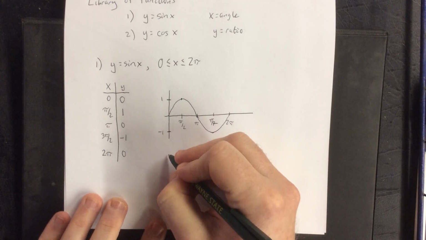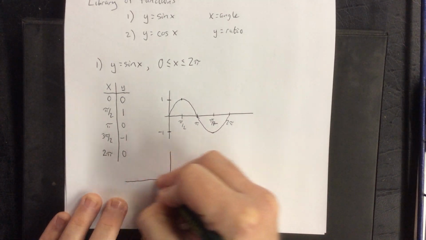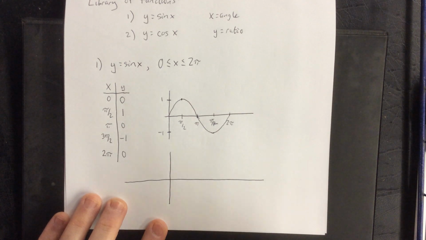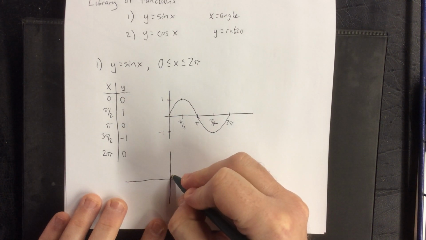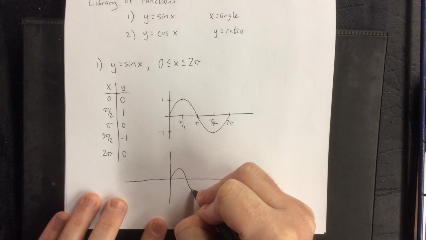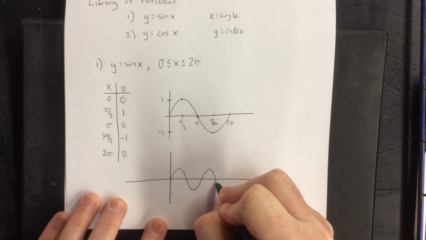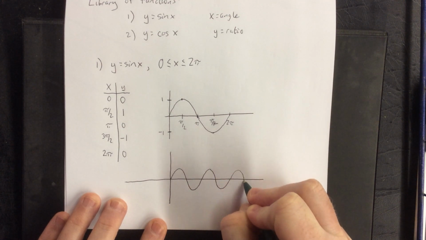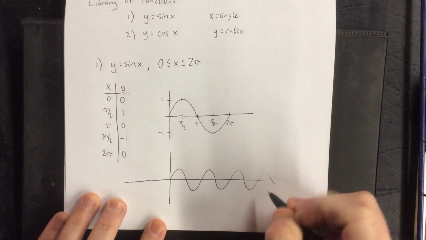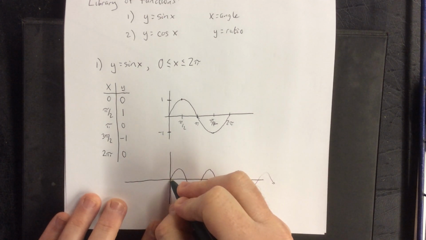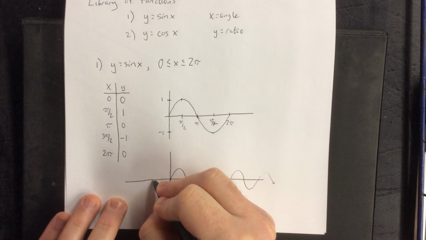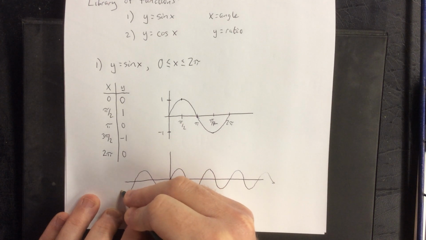Now, if we wanted to expand this in both directions, then as long as you have it passing through the origin and starting off by increasing, you can essentially copy and paste this thing over and over, and you would get the graph of the entirety of y equals the sine of x.